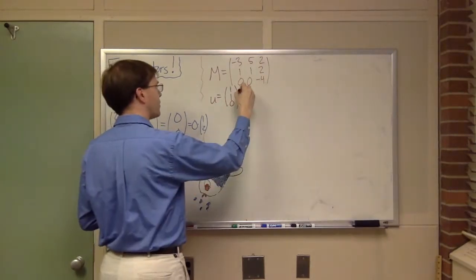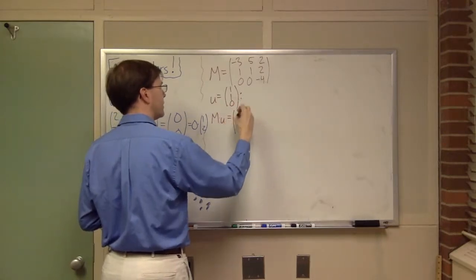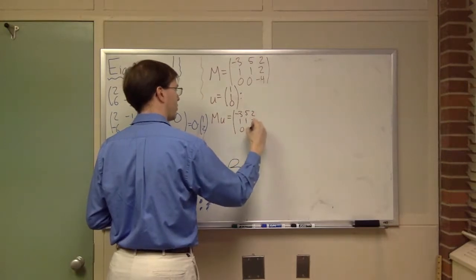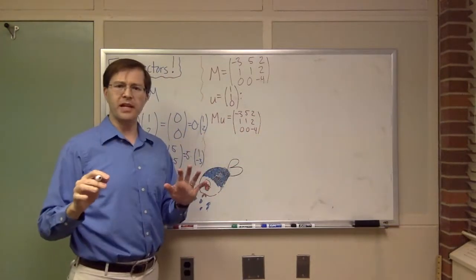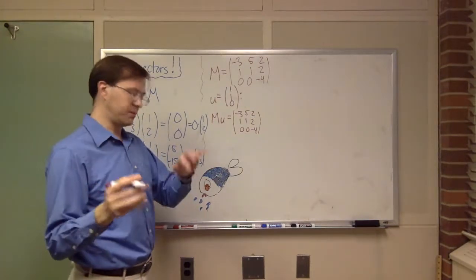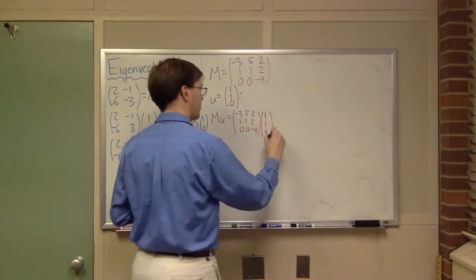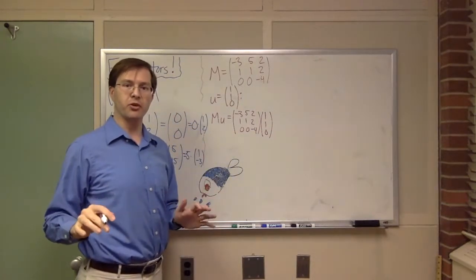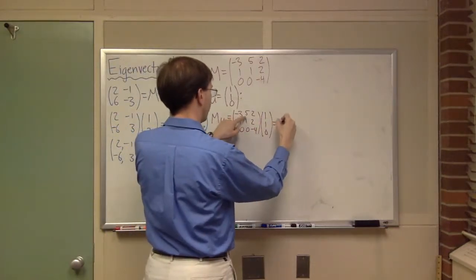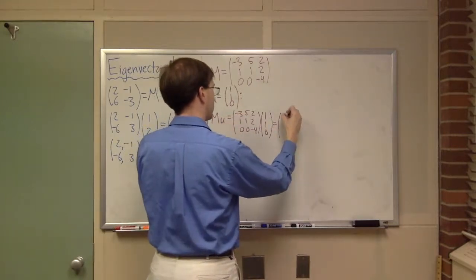And let's check that out. M times U is going to be minus 3, 5, 2, 1, 1, 2, 0, 0, minus 4. I'm going to go through this multiplication pretty quickly. You can pause the video and check it yourself to follow along at home. Times 1, 1, 0, I get minus 3 plus 5 plus 0 is 2.